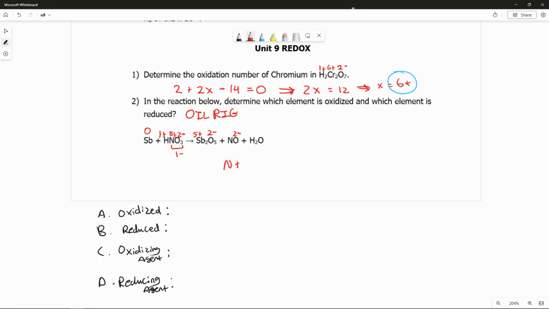So N plus negative 2, well, I can write it N minus 2 equals 0. So then add 2 to both sides, N equals 2 plus. So we know that is 2 plus.